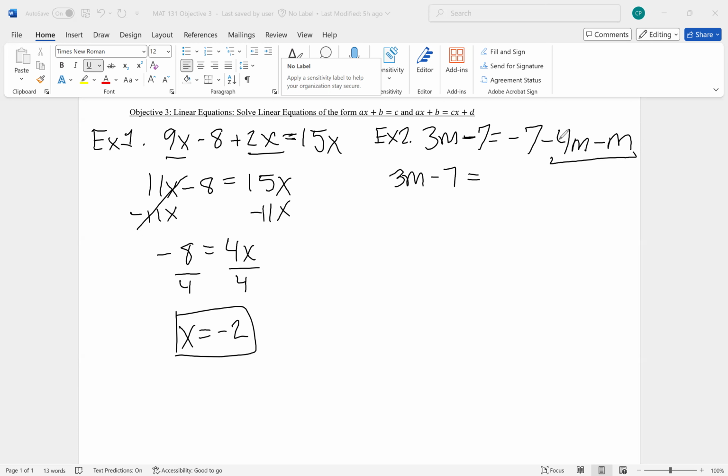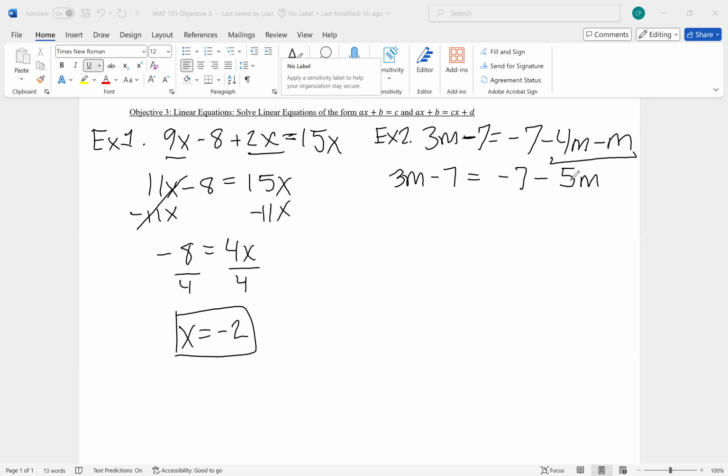So we can combine the -4m and the -m to be -7 minus 5m, okay? Now that both sides are simplified, we have a problem like the second form, the ax plus b equals cx plus d. So now we can start moving things, okay?